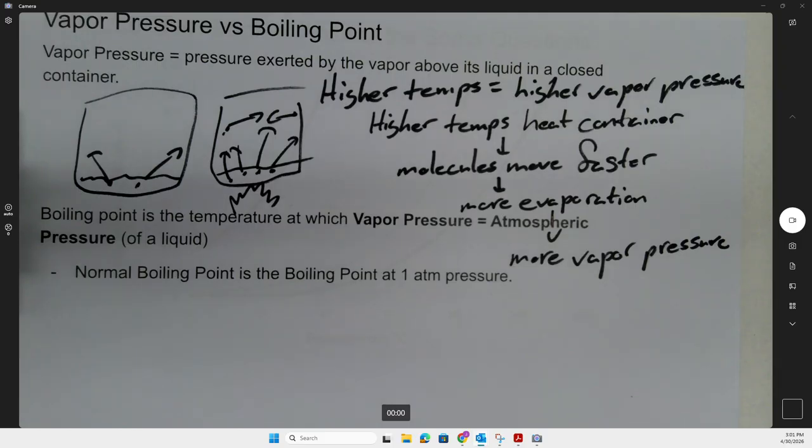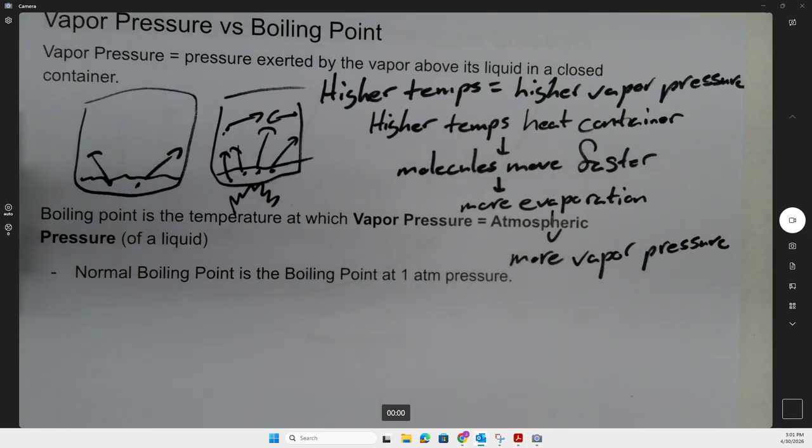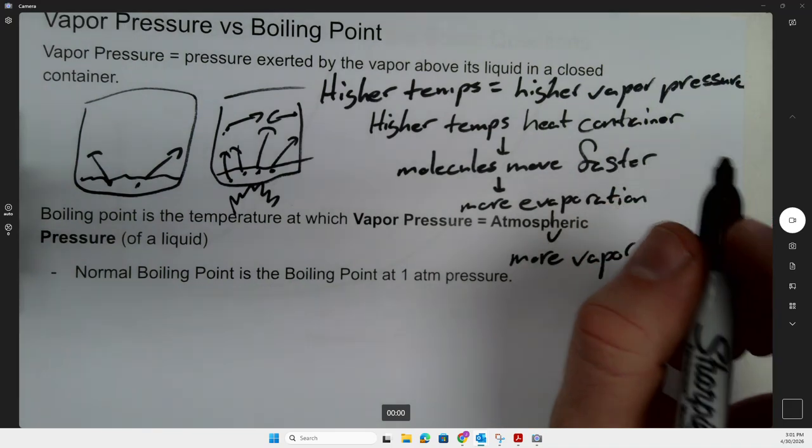The boiling point of a substance is the temperature at which the vapor pressure equals the atmospheric pressure of the liquid. What we are going to assume going forward in chemistry right now is ideal conditions.